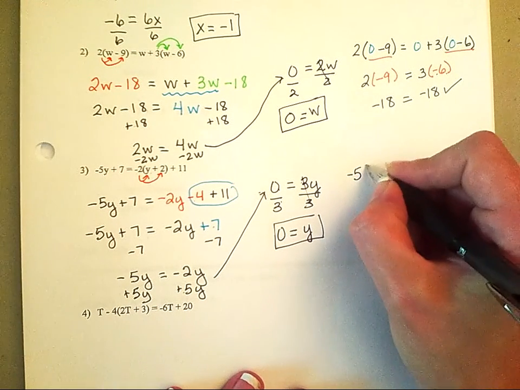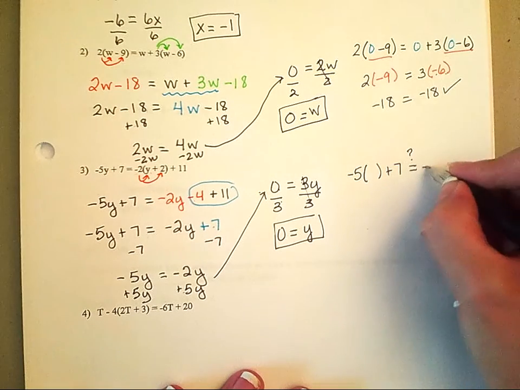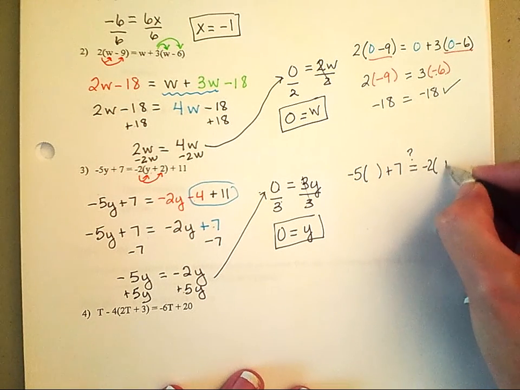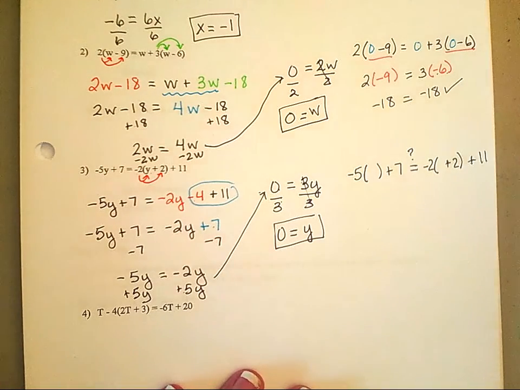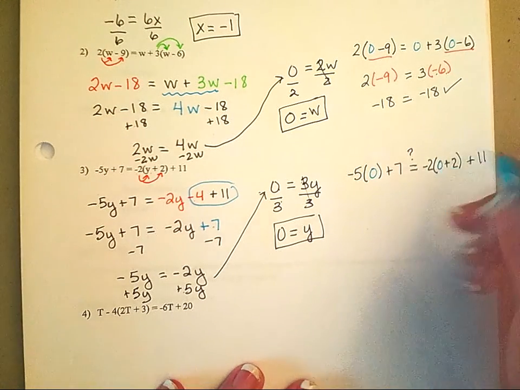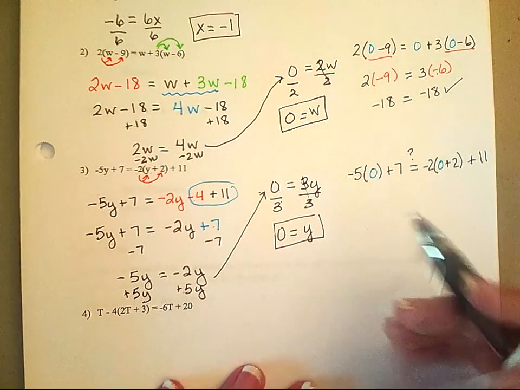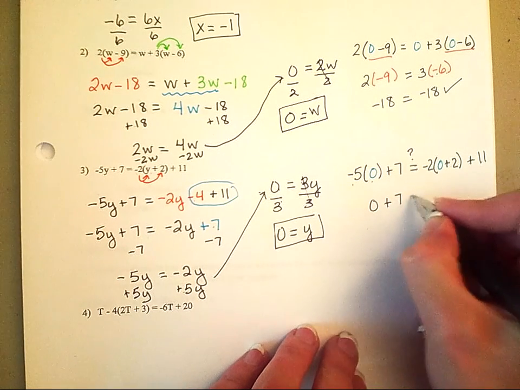And now let's do the check. Negative 5 times 0 plus 7. We're going to ask ourselves, is that equal to negative 2 times 0 plus 2 plus 11? So we say y is 0. Now 0 times anything is 0 plus 7.